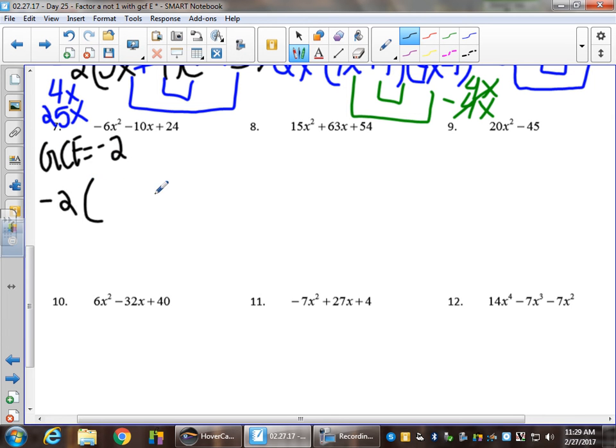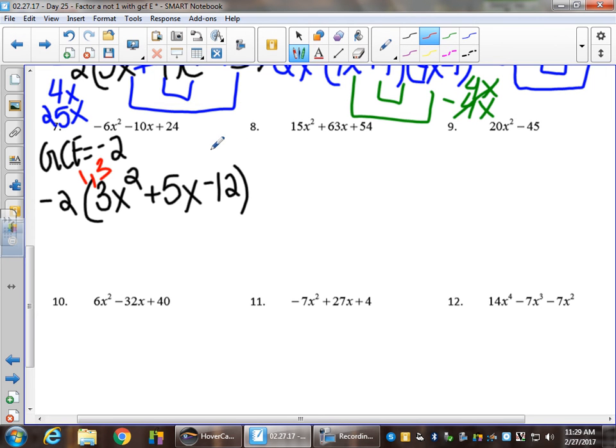All right, what are you left with? 3x squared plus 5x minus 12. Factors of A, 1 and 3.